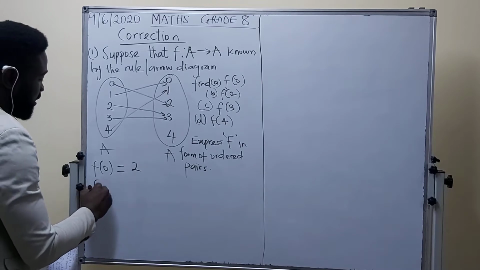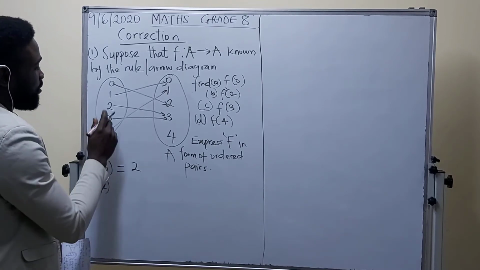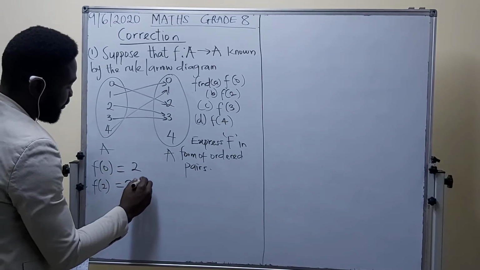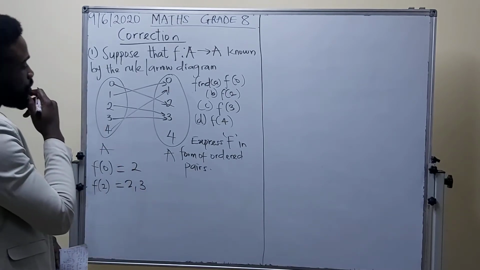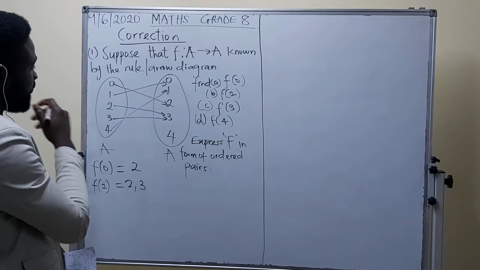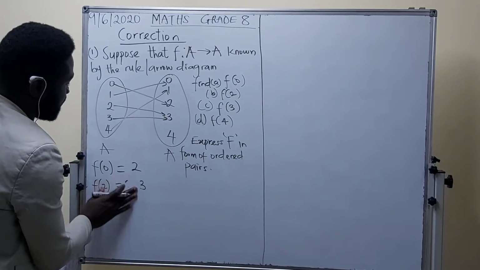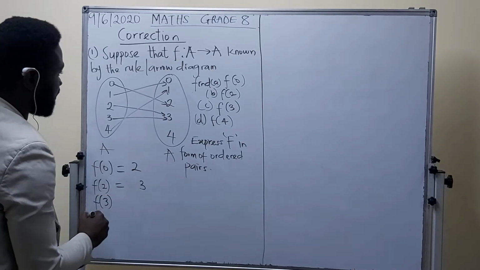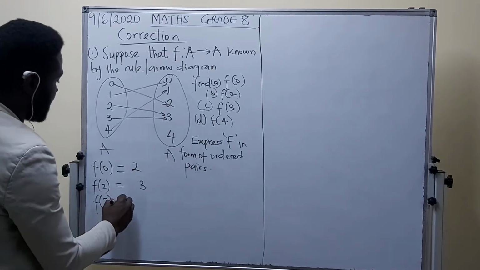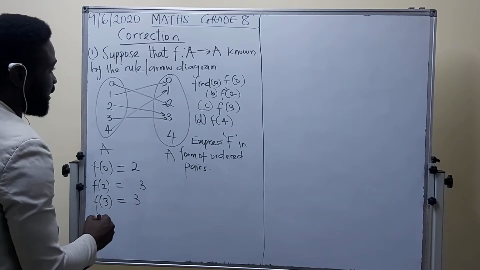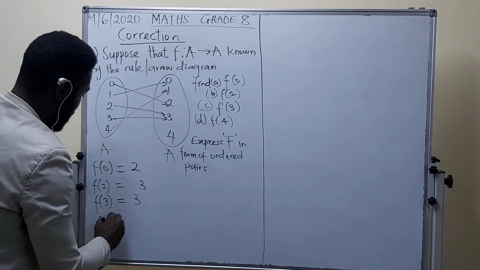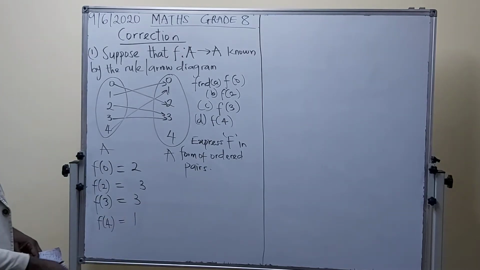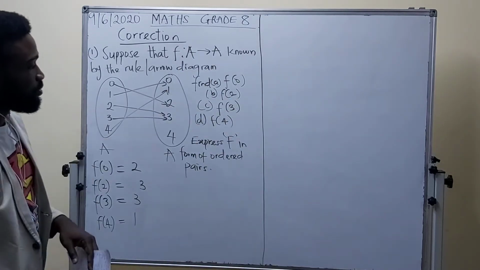And f of 2, let's check, will be 3, sorry. Then f of 3 also will be 3, then f of 4 will be 1. So these are the answers to the first part of the question.